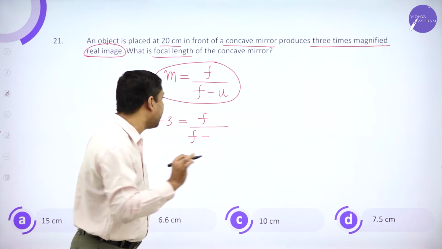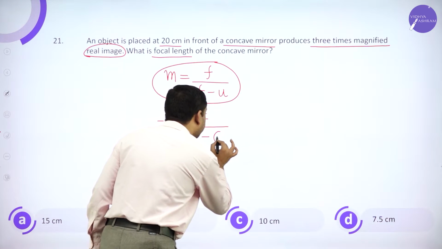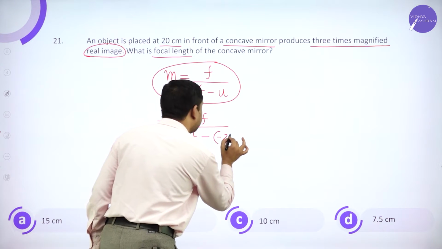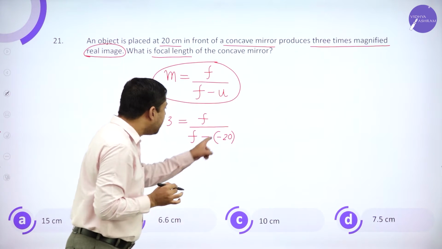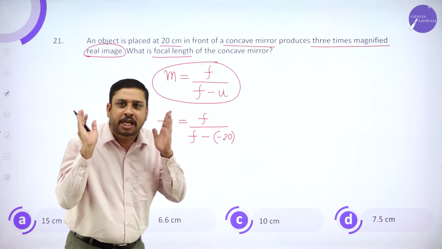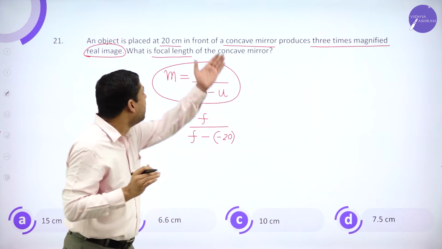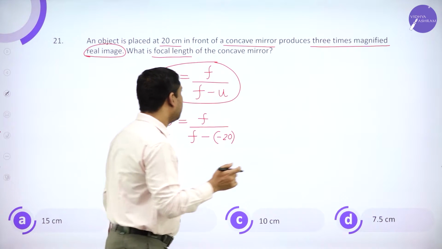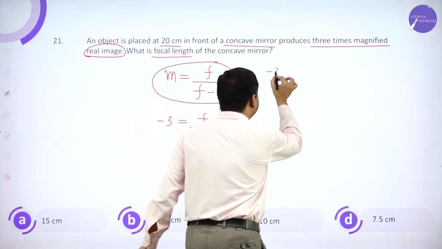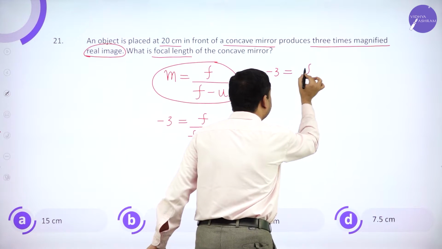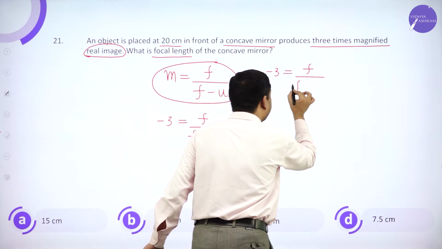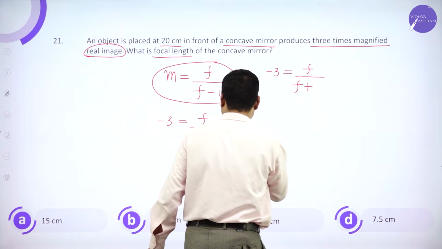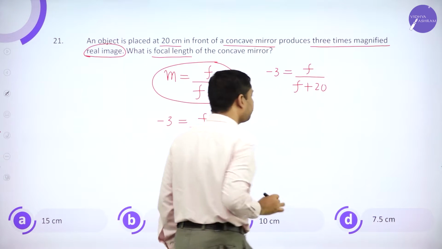So minus 20. Why this minus again? Why has the object distance become minus? Because it is a concave mirror. So minus 3 equals f divided by f plus 20.